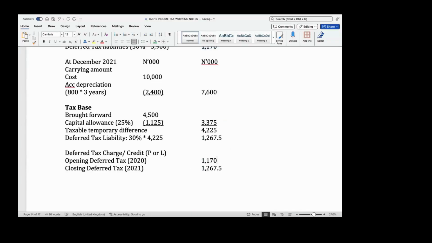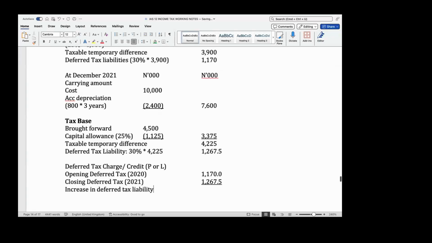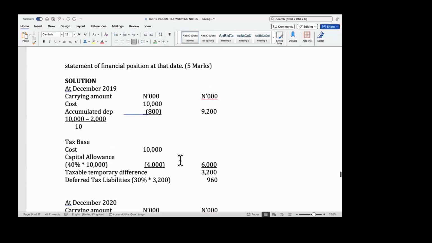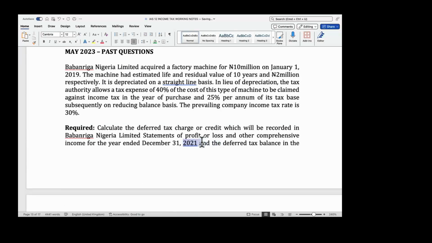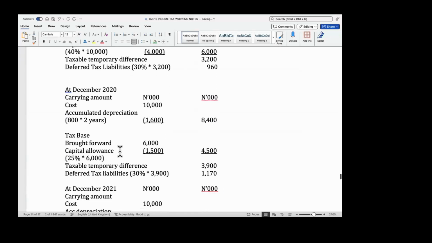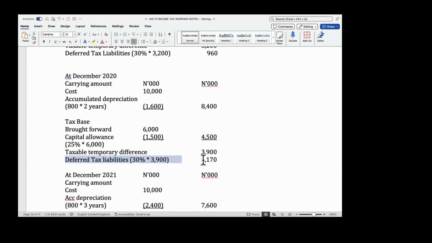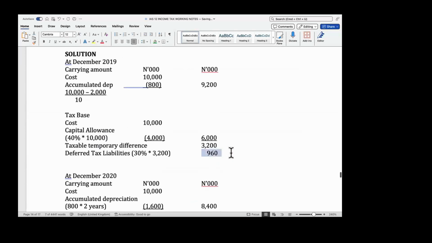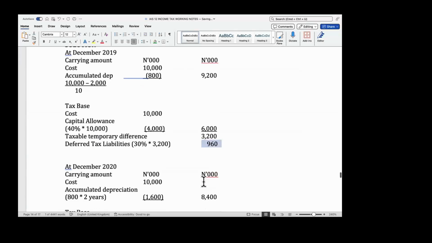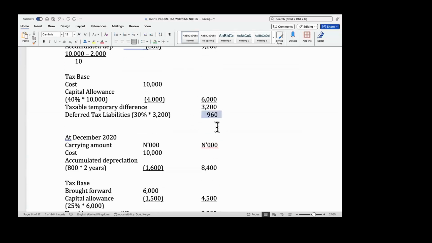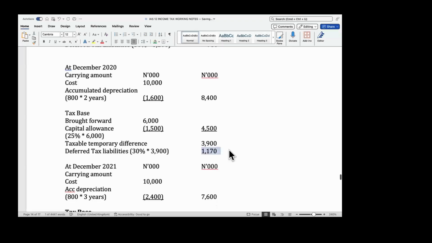So 1,170. What's the difference between the two? This looks like an increase in deferred tax. I think I was thinking the 2019 will be opening. Nope, it is 2020. So you see, if not that this question was specific about 2021, for 2020, if you want to get the deferred tax that will go to P&L in 2020, that's when 2019 will become the opening. You compare the opening, which is that of 2019, with that of 2020 becoming closing.